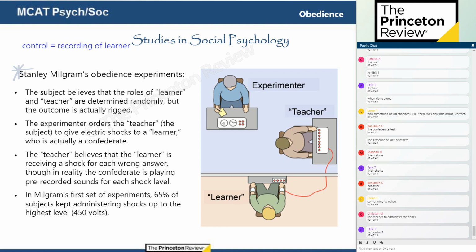The thing that changes is who's the teacher. What is the independent variable?